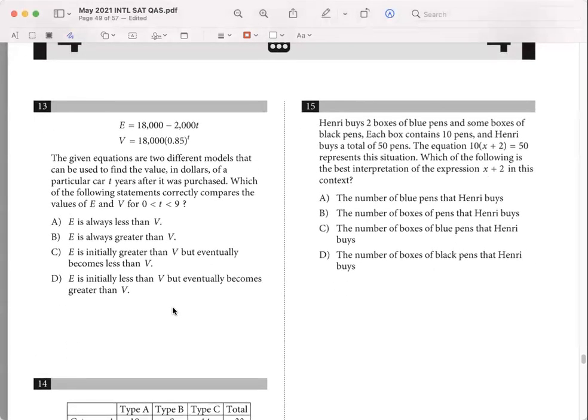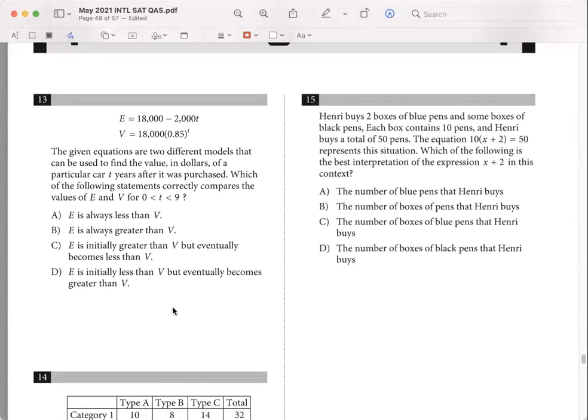Question 13. The given equations are two different models that can be used to find the value in dollars of a particular car t years after it was purchased. Which of the following statements correctly compares the values of E and V for t between 0 and 9? Let's first find the value of these two for t equal to 1, just to get a sense of where we are.